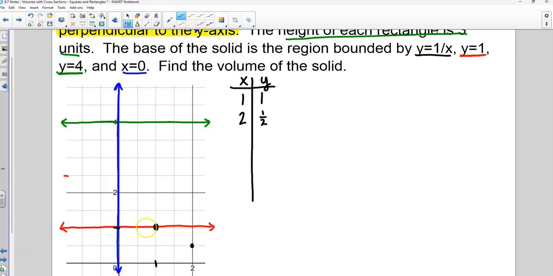So I really need a number over here somewhere. What x value could I plug in? Let's plug in 1/2. So that means I'm doing 1 divided by 1/2. And dividing fractions is easy as pie. Flip the second and multiply. What do I get here? 2. So I got the point 1/2, 2.